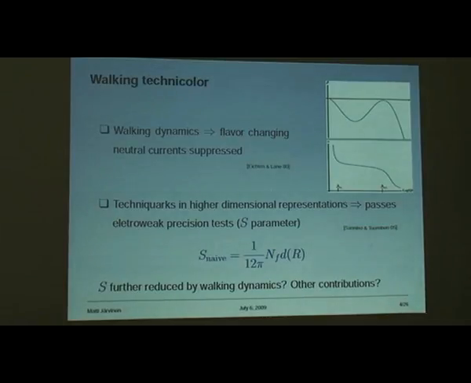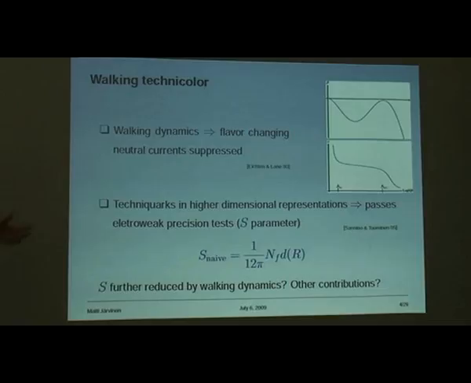Sorry, what's the S parameter? Well, the definition of the S parameter is a bit technical, but the measurement is linked to the properties of the Z and W bosons. The strong interactions affect the propagators of the Z and W bosons, so you have some kind of loop corrections.